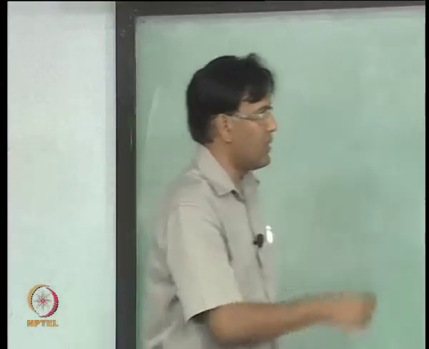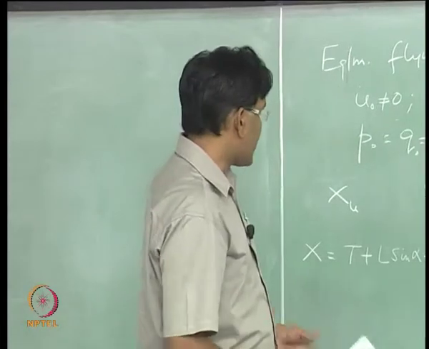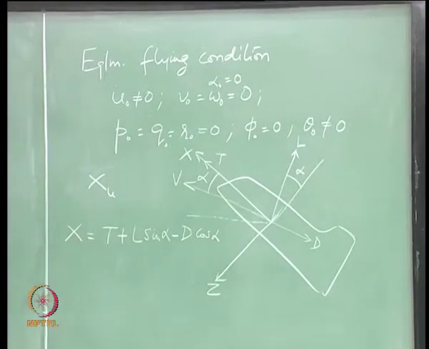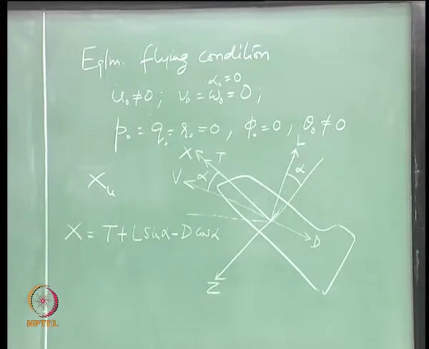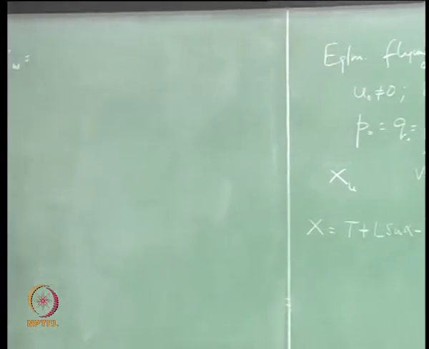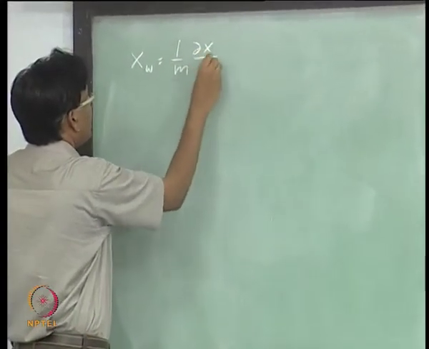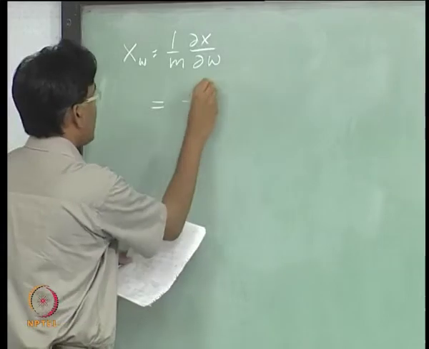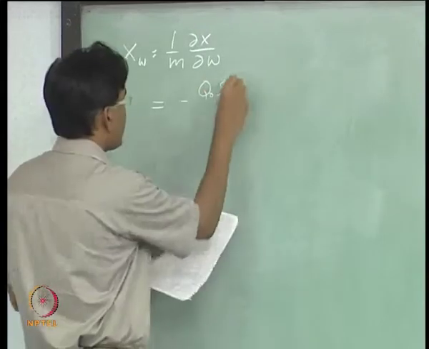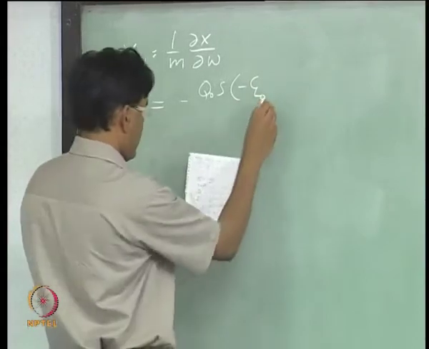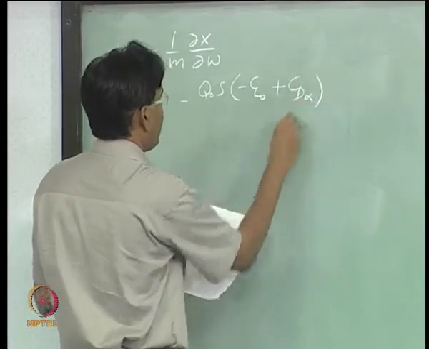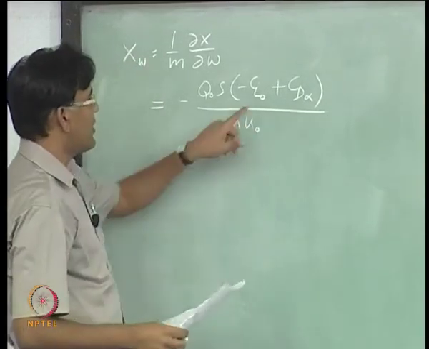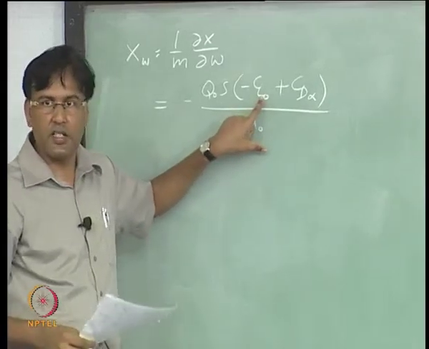Now, we can repeat the exercise that we did yesterday using this balance of forces. We can find out what is Xw. So, remember this 0 is the equilibrium flying condition.